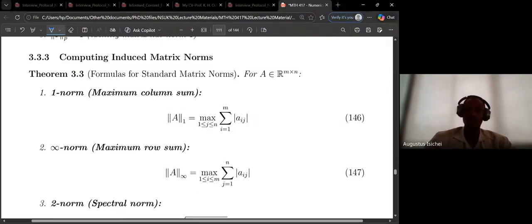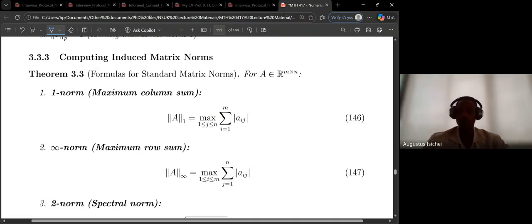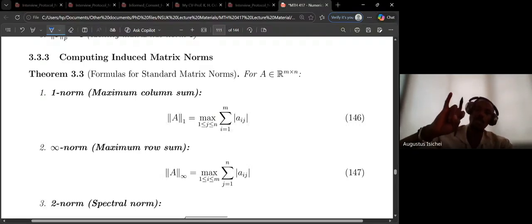Theorem 3.3. Let's look at this theorem that covers the way to compute the induced matrix norm on L1, L infinity, and L2.